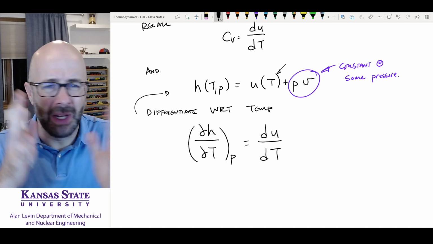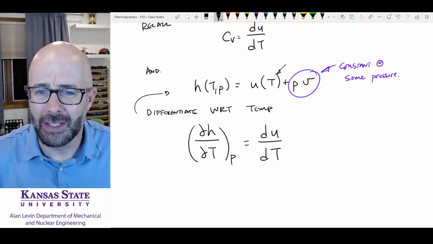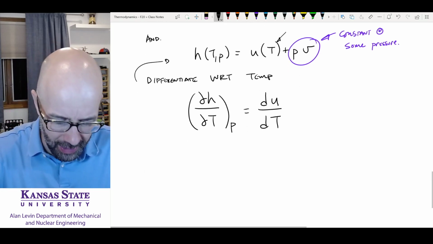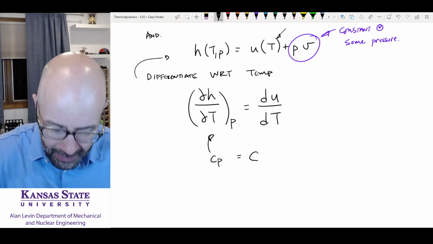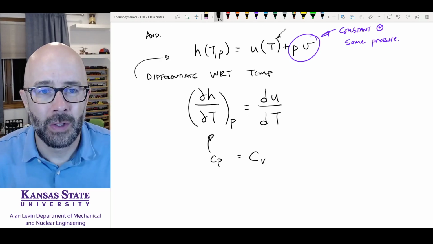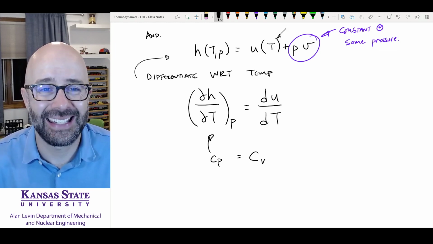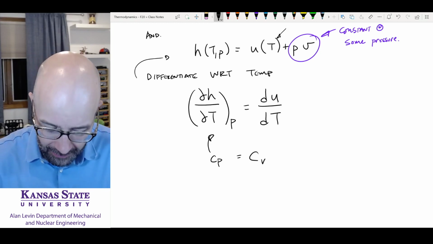But I don't want to get caught up in the whole calculus of things. What this is basically showing you is that C sub P is equal to C sub V. So for an incompressible substance, C sub P is equal to C sub V.